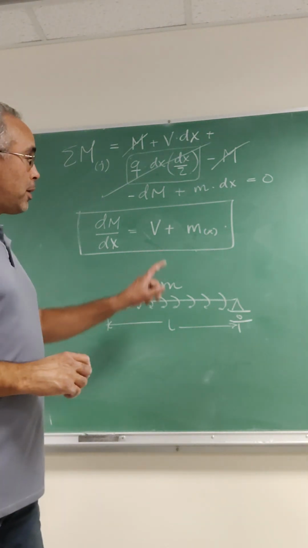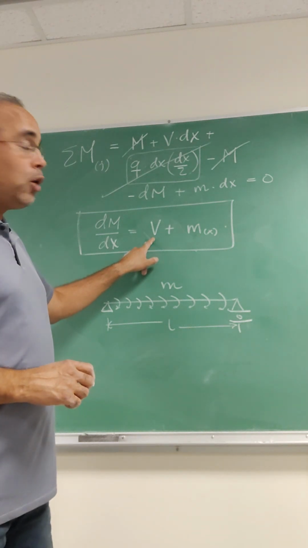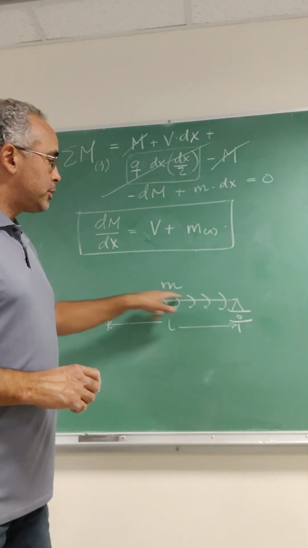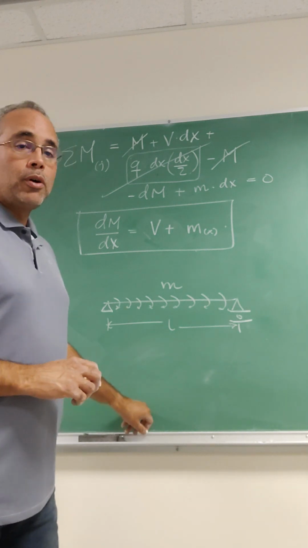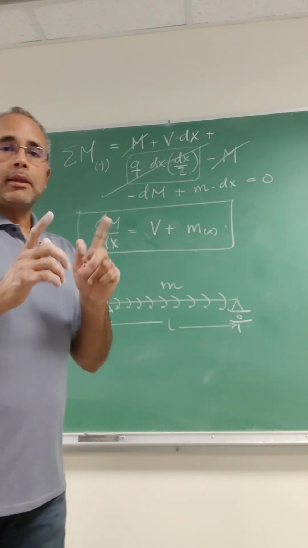So remember, derivative of moment is shear only if the beam does not have uniform or any other kind of distributed moments along its length.